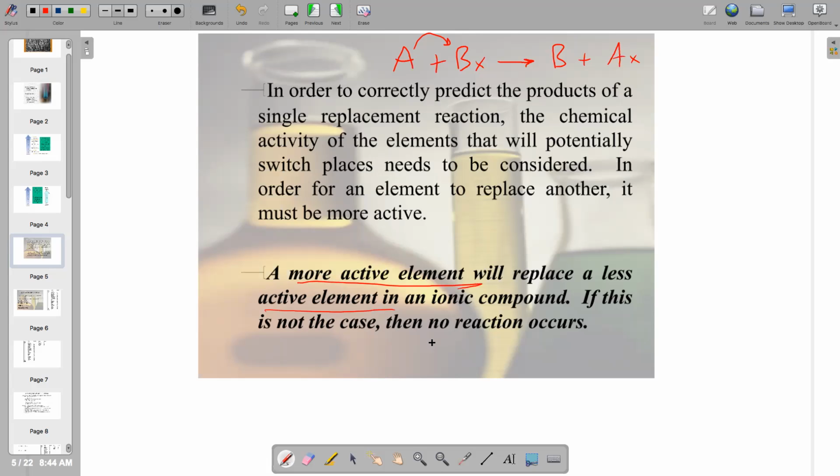Let me just give you a real basic example. It has to do with the idea that when we draw the reaction, it goes in the forward direction.